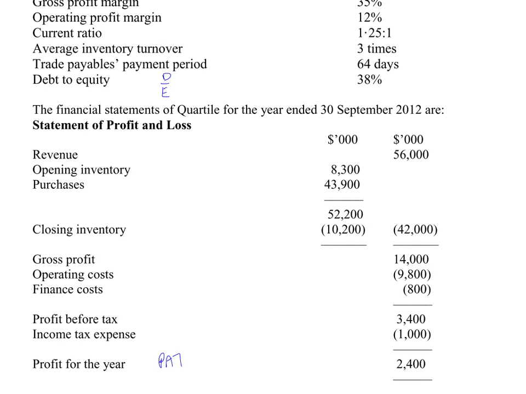Because our formula needs PBIT. You take profit before tax, you plus your interest. Because this one is after you minus the interest. You add back interest to get your PBIT.